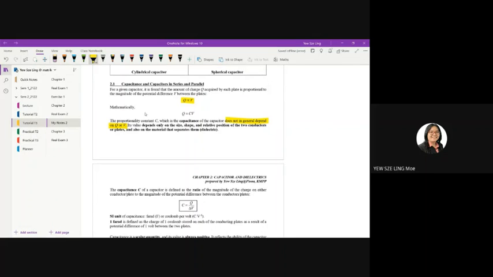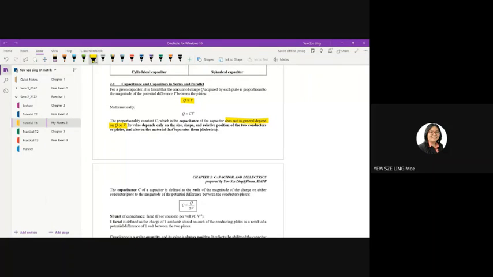Because of modifications of the shape or the physical structure, then you can change the C. But in general, Q and V won't affect your C unless you change the physical structure.